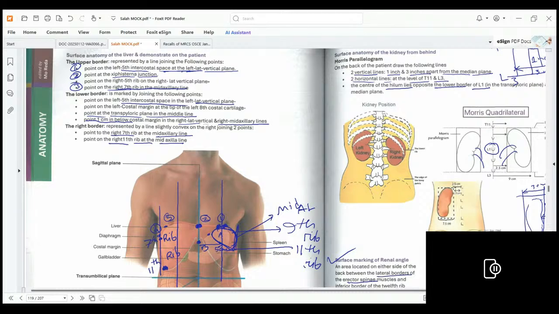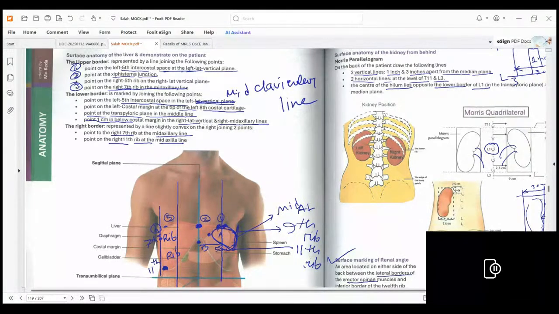Fourth point, sorry, third point will be at the left costal margin, at the tip of the eighth costal cartilage. In between, this is the tip of the eighth costal cartilage.